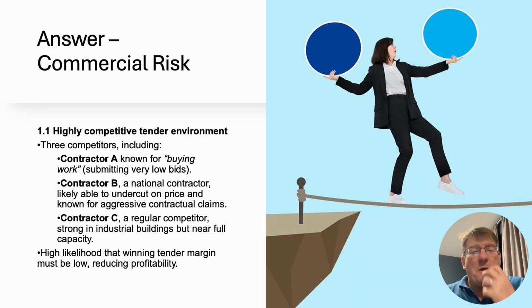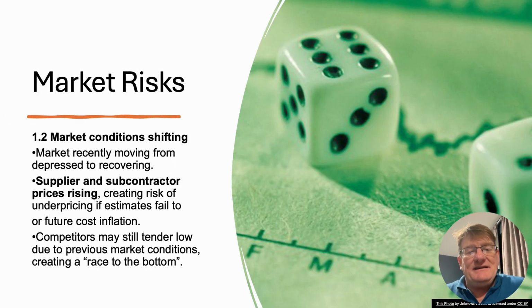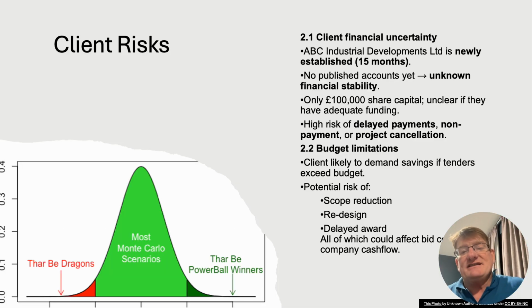And if you look at it, there are market risks, client risks. As I said to you, you may know you're dealing with a particular client who is difficult because of past experience with them, or that they're pretty good.